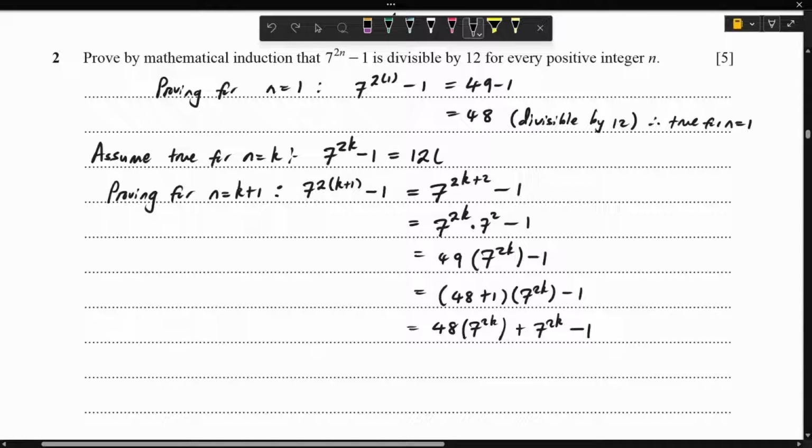Alright. Now, we have 48 times 7 to the 2k, but if you look at this part, we can now make use of the assumption to say 7 to the 2k minus 1 is 12l. So we have here plus 12l.